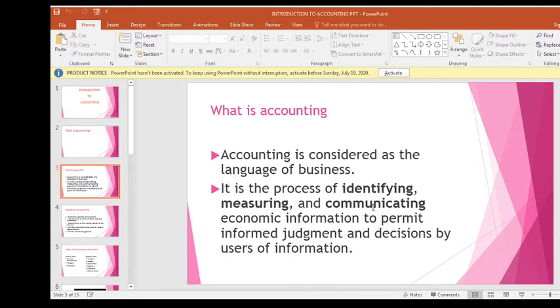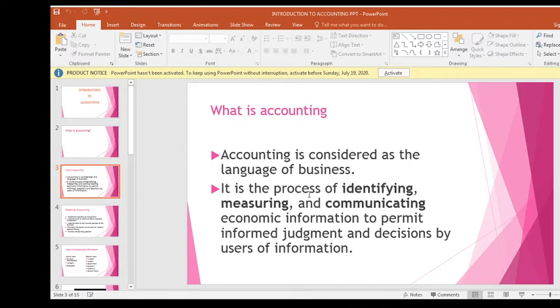When we say that accounting involves identifying, we simply mean that in recording information in the accounting records, we need to identify the important information that needs to be given to the users. Not any information is relevant to the user. So it is the work of the accountant to identify the important accounting information to pass to the end users.